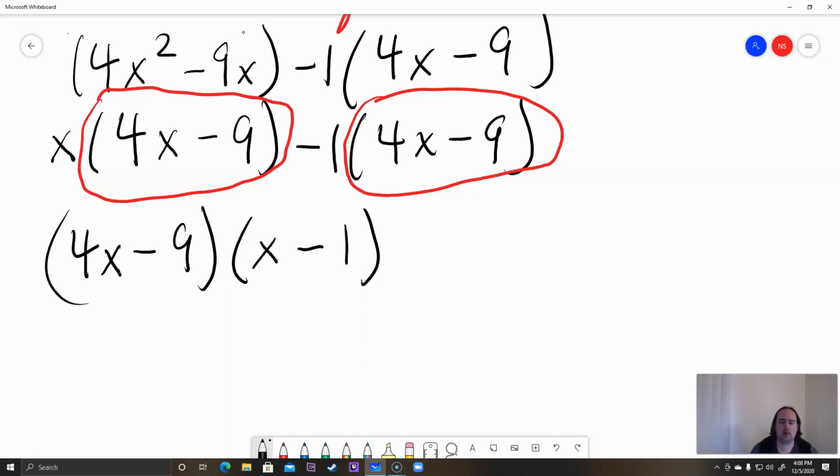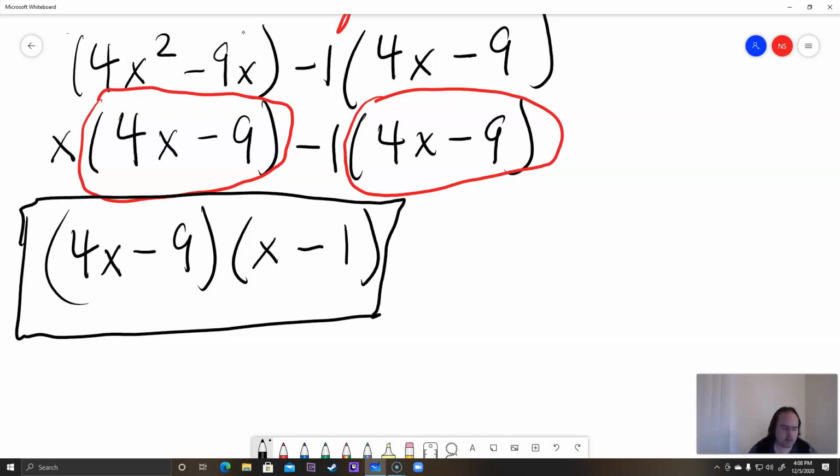Okay? And you can check this, but I'm lazy, so I'm not going to check it. So this is going to be our answer, 4x minus 9 times x minus 1. Okay? So that one was admittedly a little bit trickier, but hopefully you're good on it now.